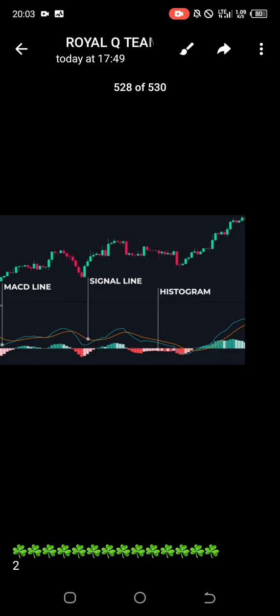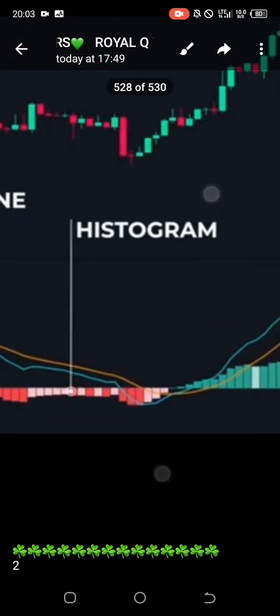Okay, so get that. So when the MACD line is above the signal line, note this, I'm concluding. When the MACD line is above the signal line, the histogram will show green bars above the zero line. See the histogram.